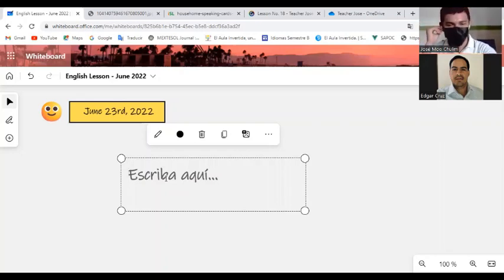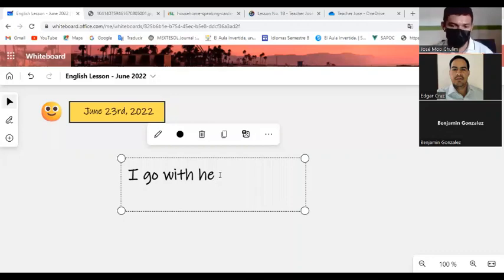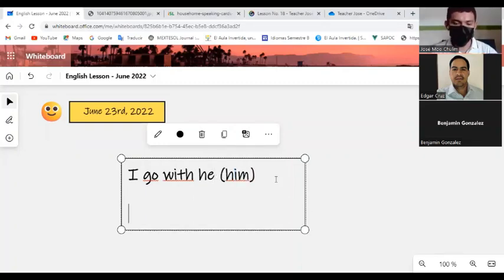Okay, you mentioned this sentence: I go with him. Do you remember this sentence? In this case, we're using this pronoun, him, to refer to your dog. Instead of he, we use him. To start the sentence, you can say he is.